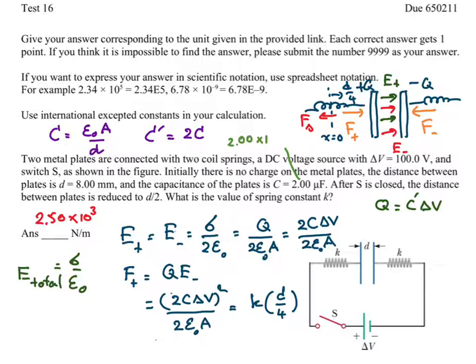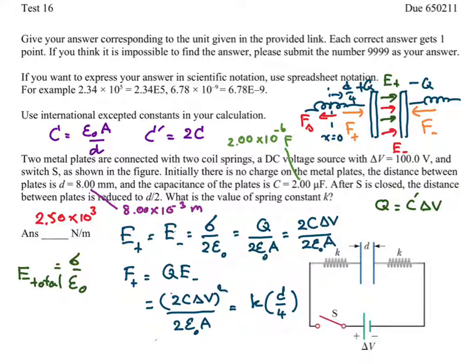Delta V is 100 volt, the unit is okay, and D is 8 millimeter. 8 millimeter has to be converted to the base unit as 8 times 10 to the minus 3 meter.